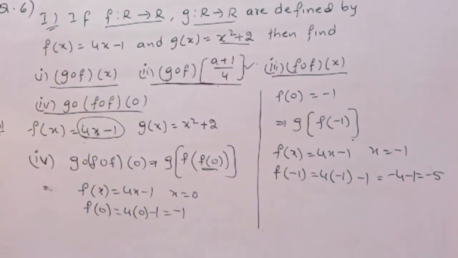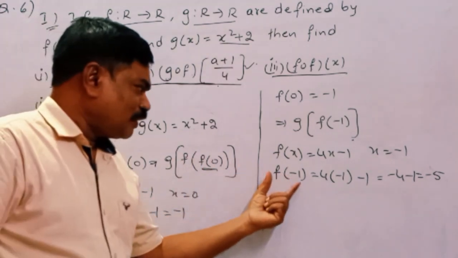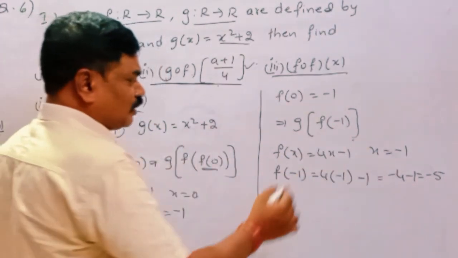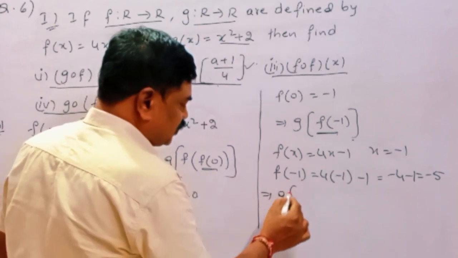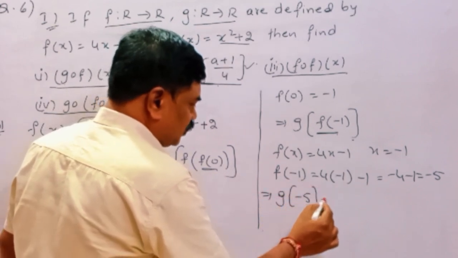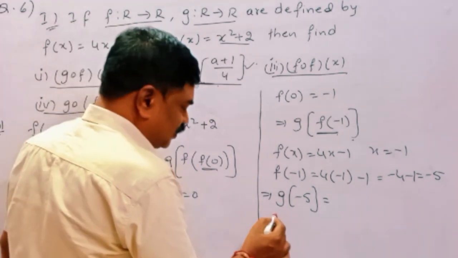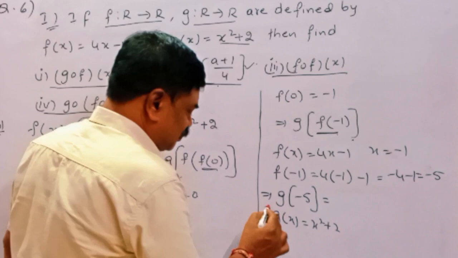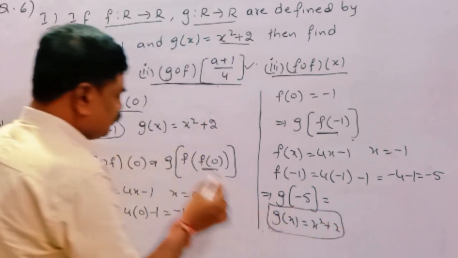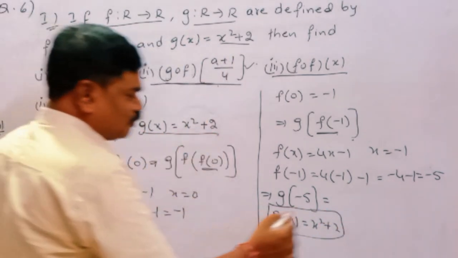So f of f of 0 is minus 5. You substitute here, so this implies g of minus 5. What is g of x? g of x is equal to x square plus 2.